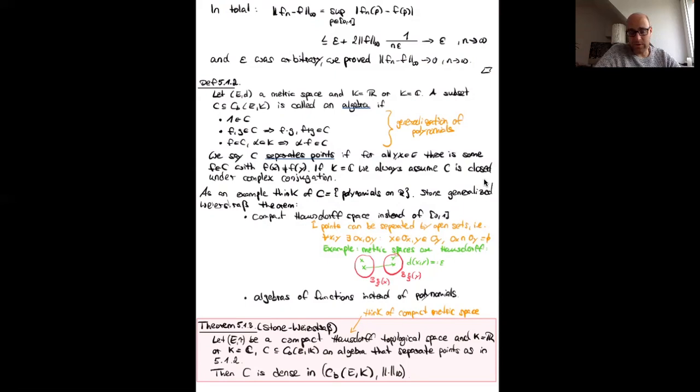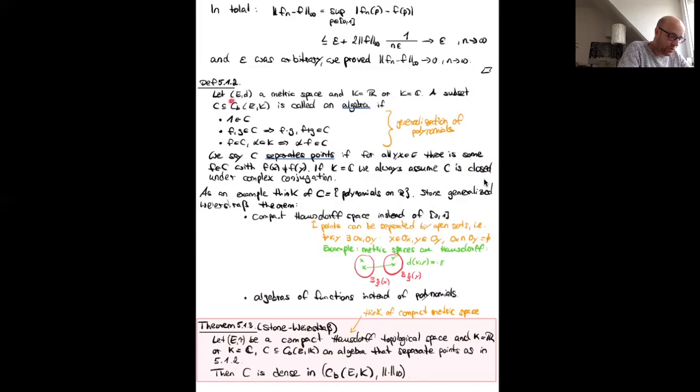And we first need the generalized notion of polynomials, which is called an algebra of functions. So here's the definition. Take a metric space. We don't need the metric space, actually. We need a topological space. I changed it in the notes.